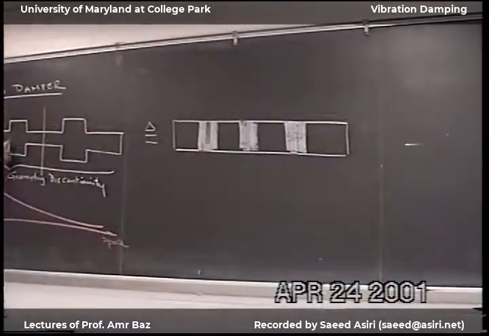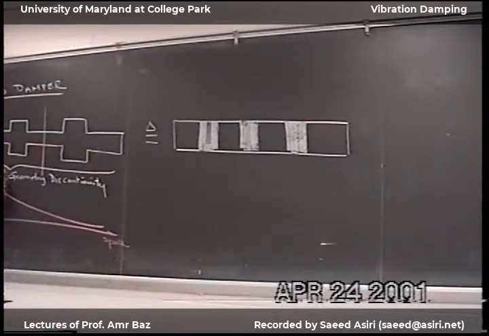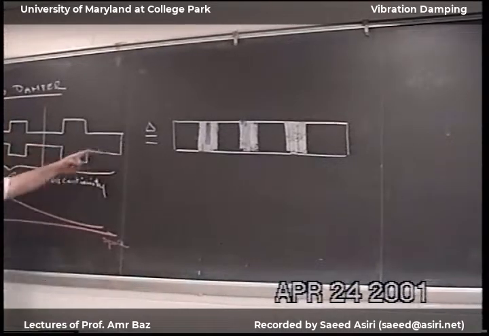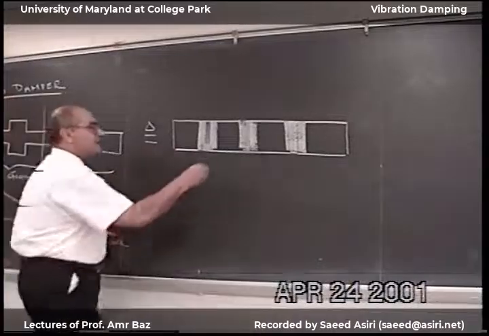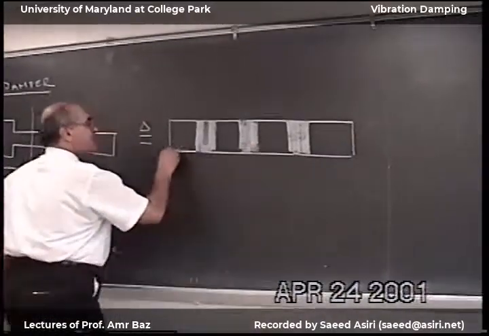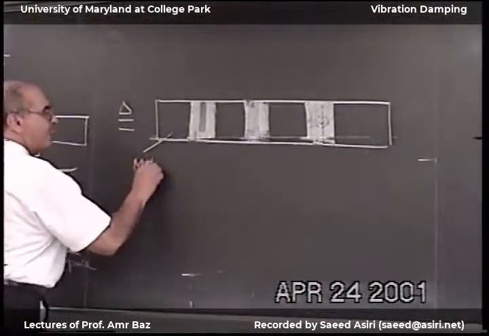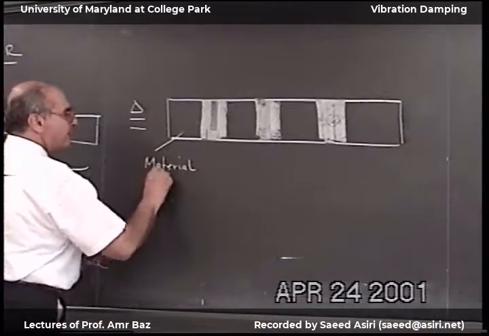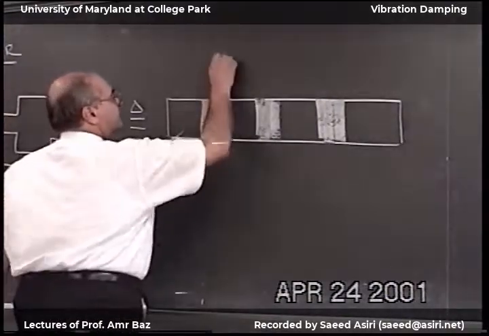And instead of geometry discontinuity, I'll have material discontinuity. So this can be material A, and then this is material B.